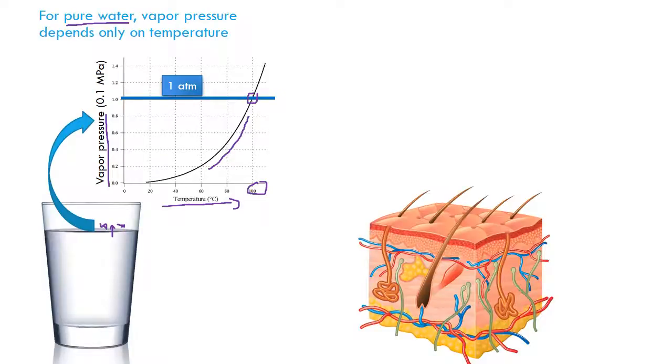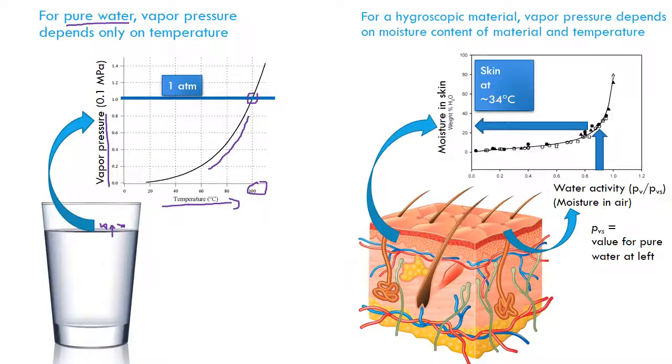For a hygroscopic solid, for a hygroscopic material such as a skin, then the amount of vapor right above the solid is going to depend on how much moisture is there in the solid. In fact, the less moisture there is in the solid, the less vapor there is here, which makes sense.